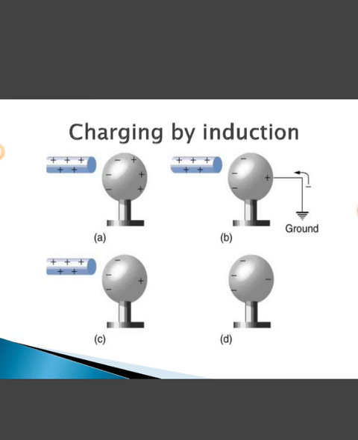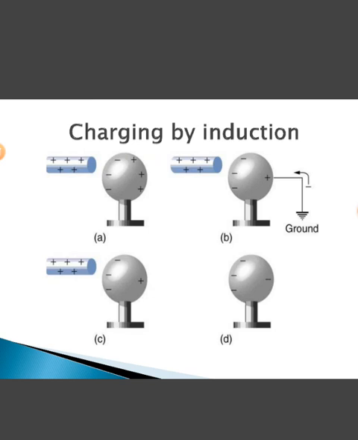Now, by induction, we can see here a positively charged rod. But on this metal ball, we have both negative and positive charges. So by the time you bring the positively charged rod near the ball, charges will flow.